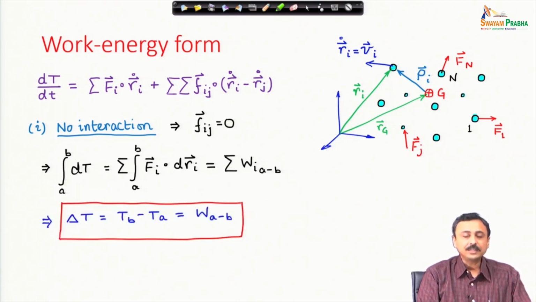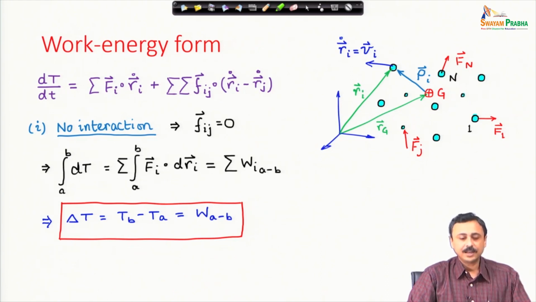Therefore, this can be written in a simpler form as: the change in kinetic energy is equal to the total work done by all the forces acting on the system as the system moves from state A to state B. This is the work energy relation. This form of work energy relation we have seen for a single particle, now we are seeing it for a system of particles.